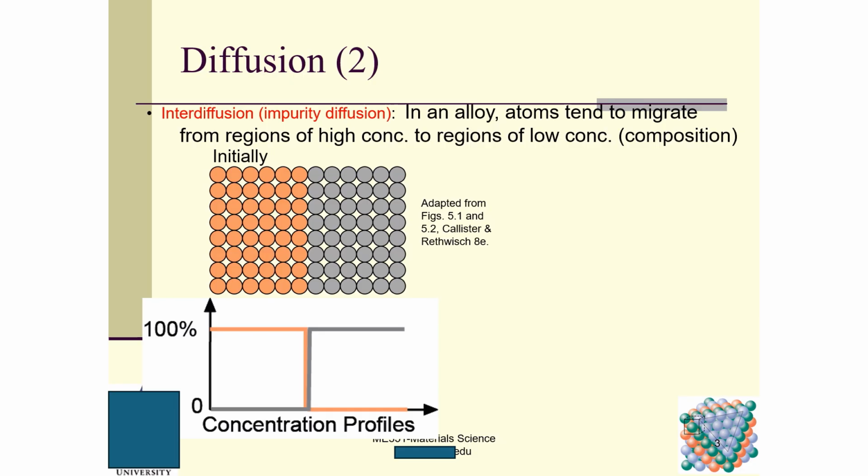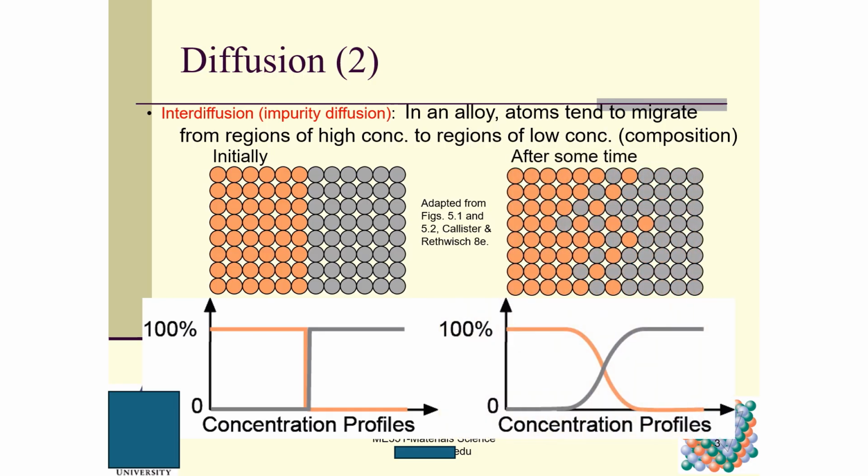This is at the very beginning, and after some time we can see that some dark atoms migrate from the right side to the left side, and on the contrary, the colorful atoms migrate from the left side to the right side.